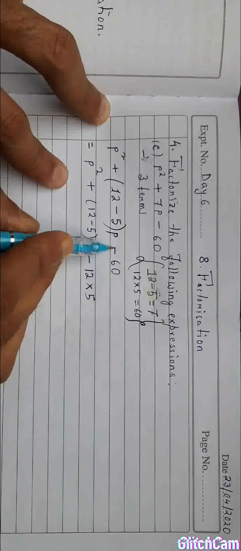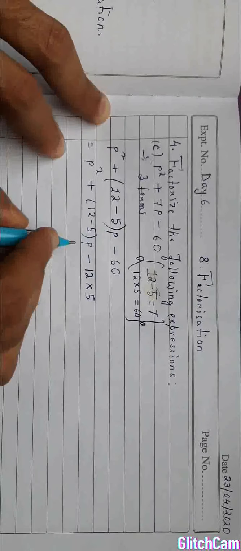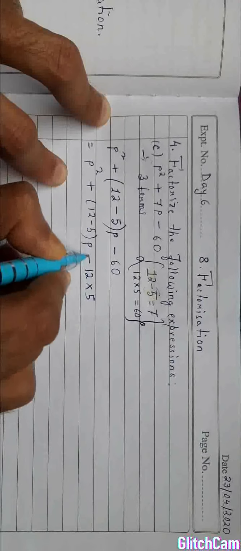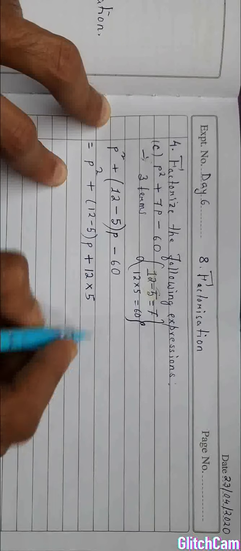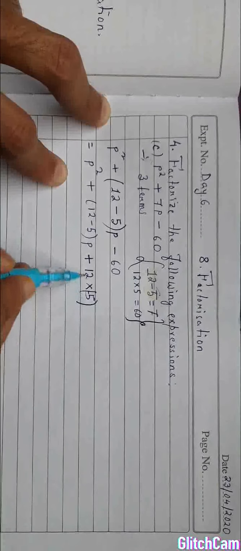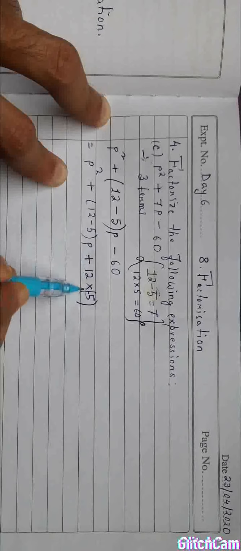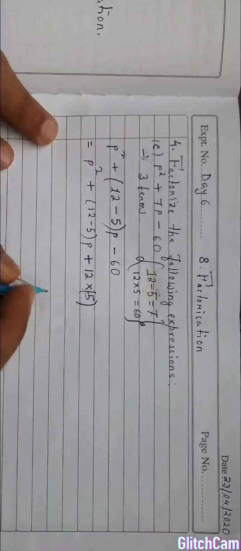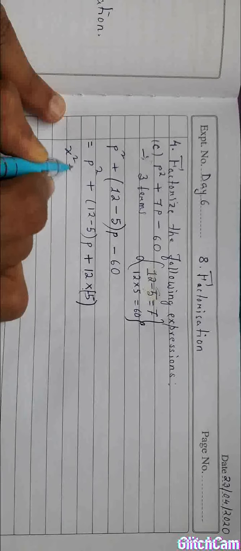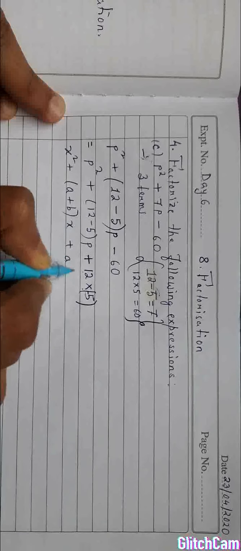Since it is given minus, and I have to match this with the formula x square plus a plus b x plus ab, I can write it plus, and then value wise minus. So 12 into 5 becomes minus 60, since plus and minus make minus, which is equivalent to this formula.